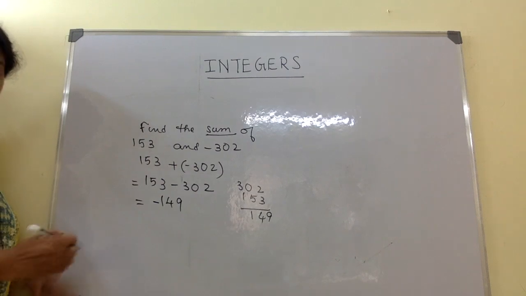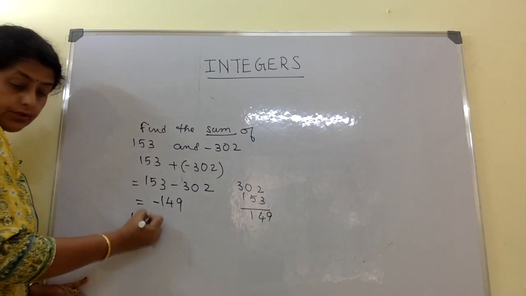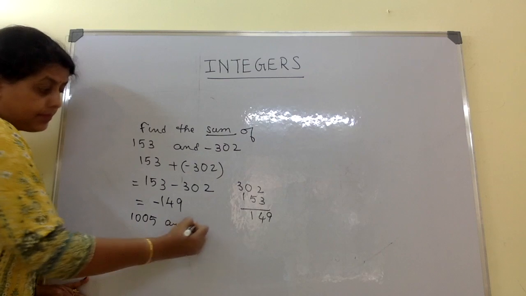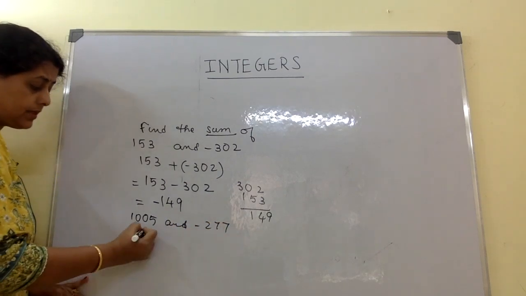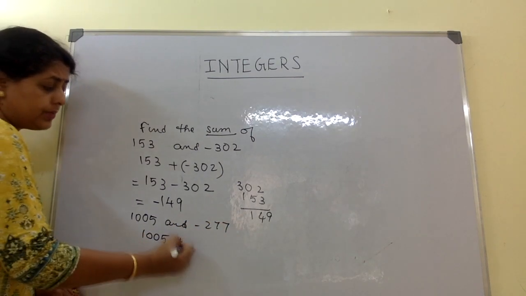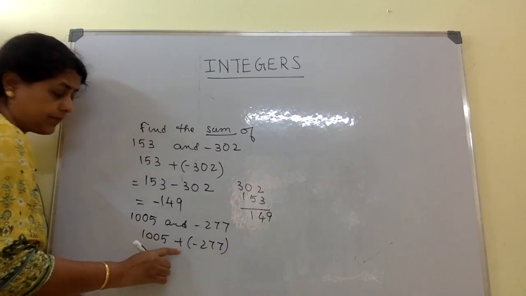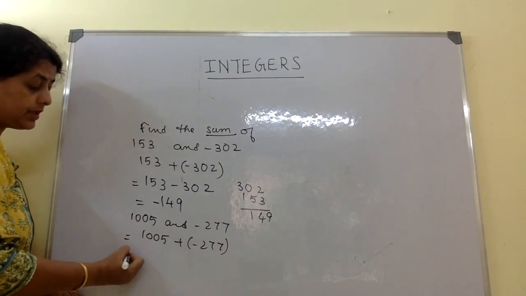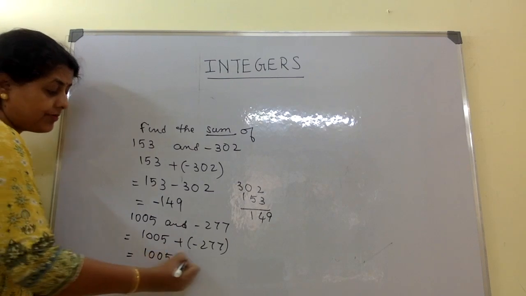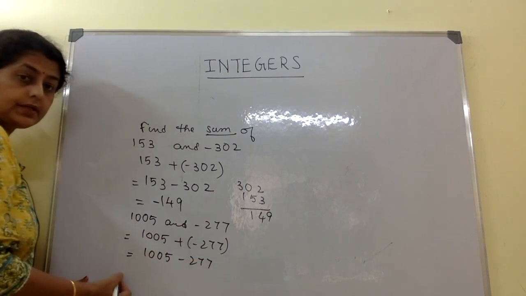Okay. Find the sum of again 1005 and minus 277. Same thing. 1005 plus minus 277. Right like this. It will help you to get your sum right. 1005 minus 277. Written? Okay.